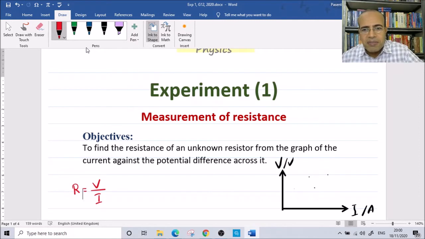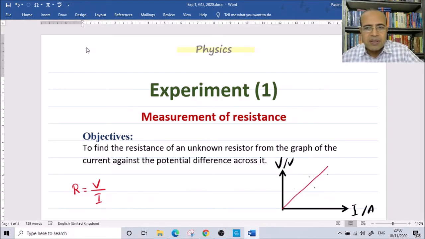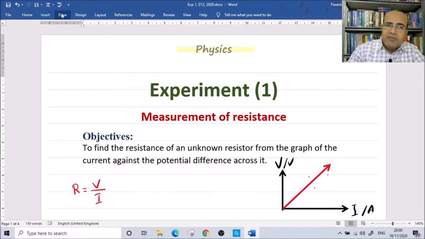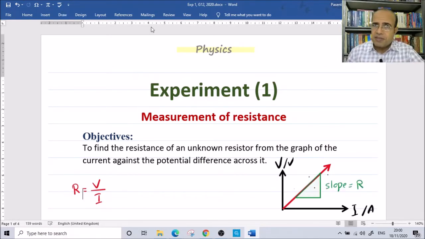That straight line must pass through the origin. The slope of this line represents the resistance.